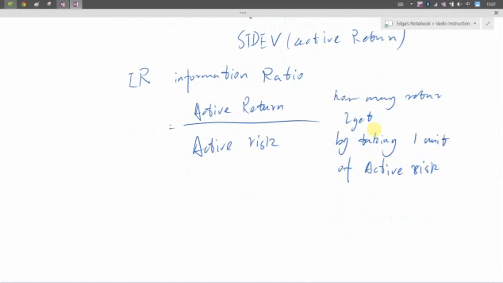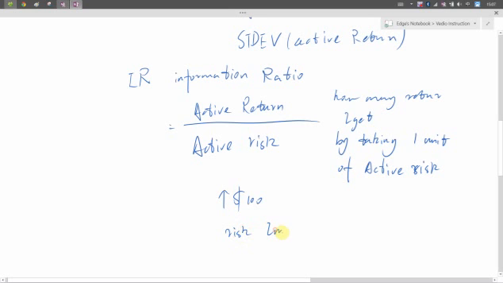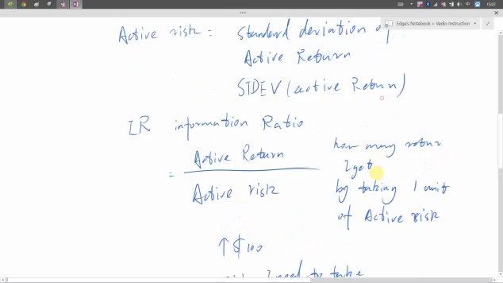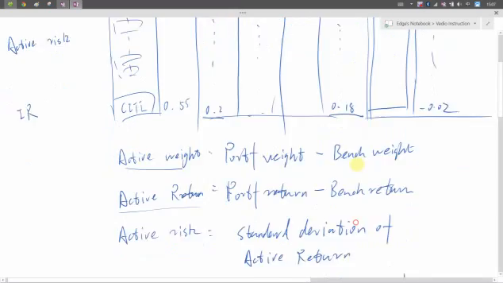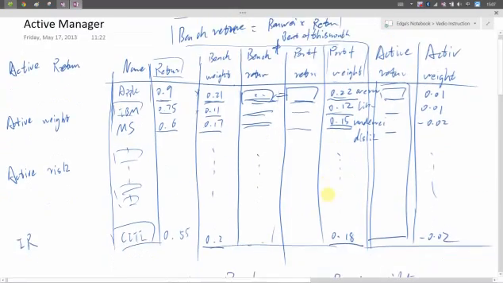It's like, okay, now I want to increase return by $100. Then how many units of risk do I need to take to do this? Simple concept, all right? And that's it for this video. Next video we will talk a little bit more about the active manager.